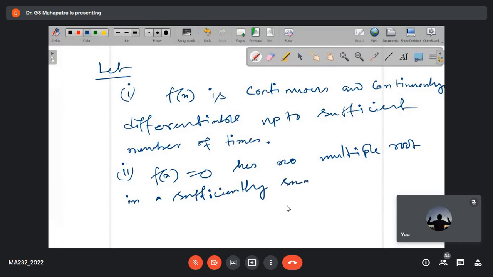small interval a comma b. It may be a closed interval also, a comma b.